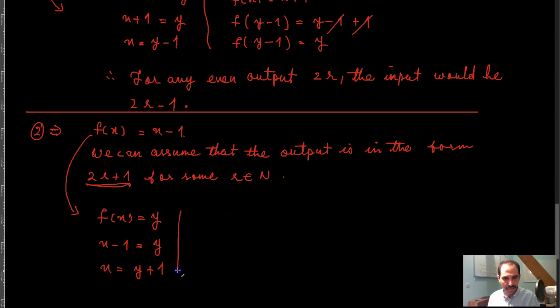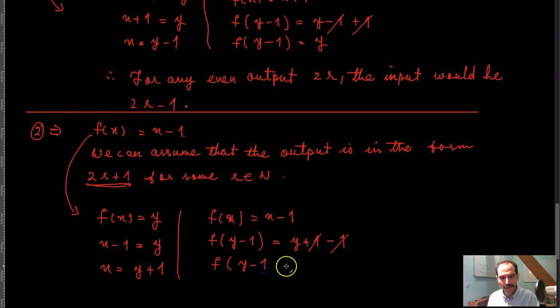Now again, over here I had f of x is equal to x minus 1. Now x, if I take it as y minus 1, that means that f of y minus 1 is equal to x, which is equal to y plus 1 minus 1. These two will be cancelled out, so f of y minus 1 is equal to y.